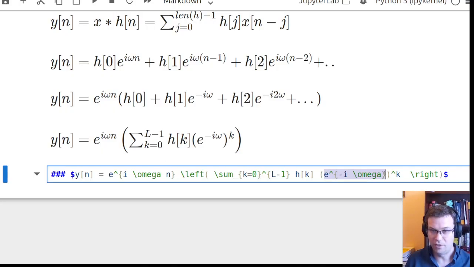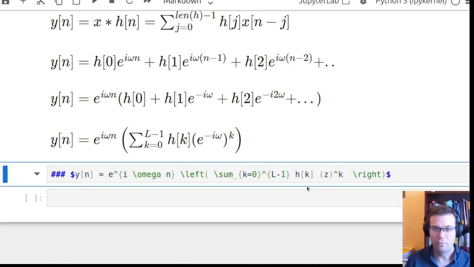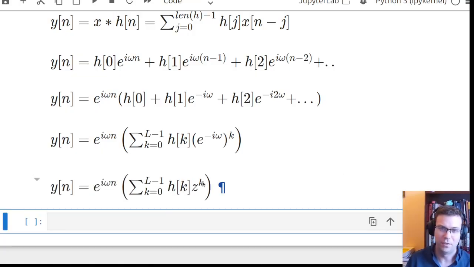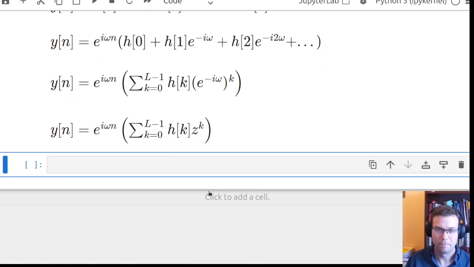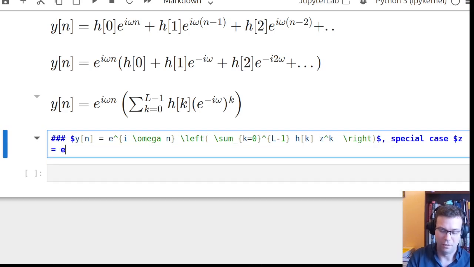It might actually be just some general complex number called z. Now we're going to start off making our complex number be this unit complex number e to the I omega. But that's a special case. Z equals e to the I omega.